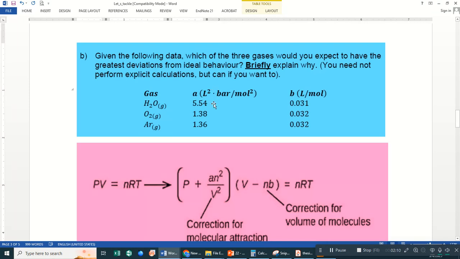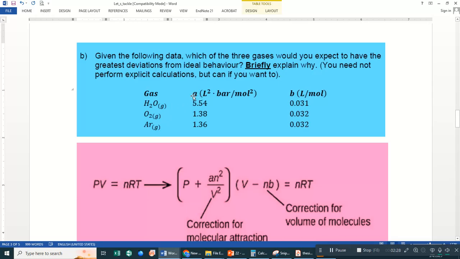First of all, three gases are given: water gas, oxygen gas, and argon gas, and two values of their constants are given.